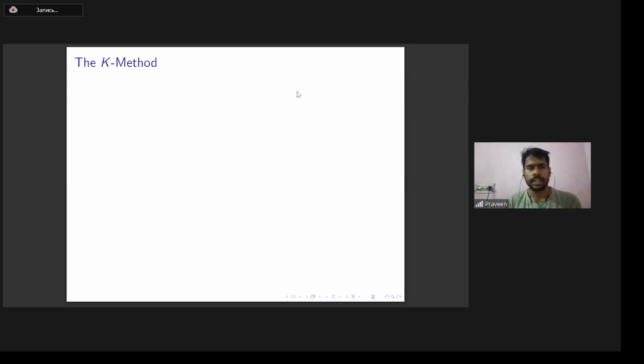Now we will see the K method. As I already discussed, the K method is one of the most prominent methods used in the classical real interpolation theory to characterize the real interpolation space, and even for our work, this is equally important.